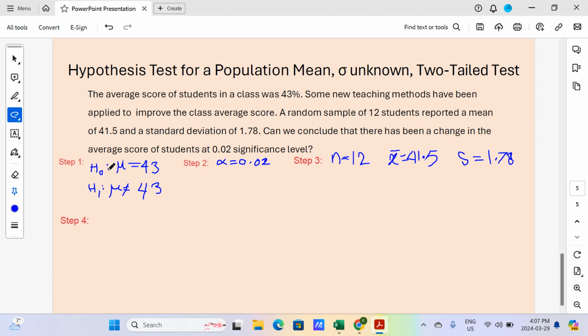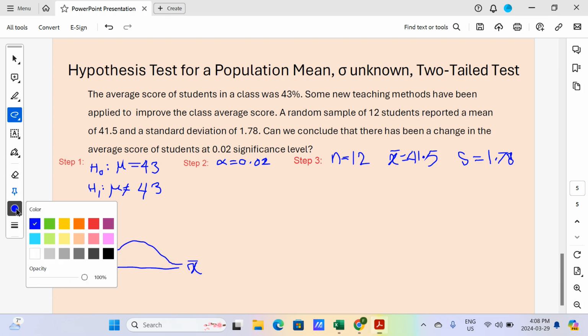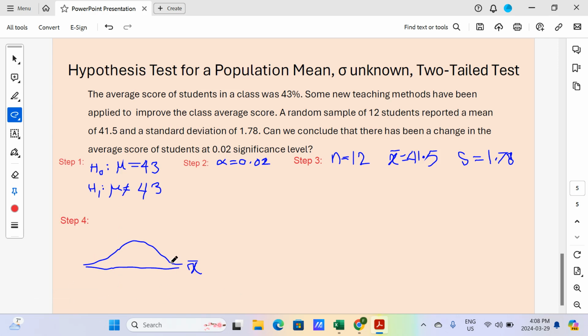So look at H0 and H1. Because we have an equal sign and a not equal sign in step 1, we have a two-tail test. If I draw the distribution of x bar, the sample mean, it's bell-shaped. But because I have a two-tail test, we are going to have a tail on the right side and a tail on the left side.